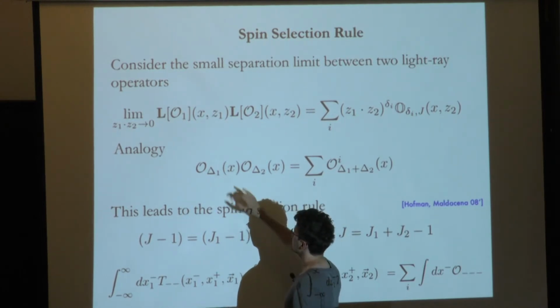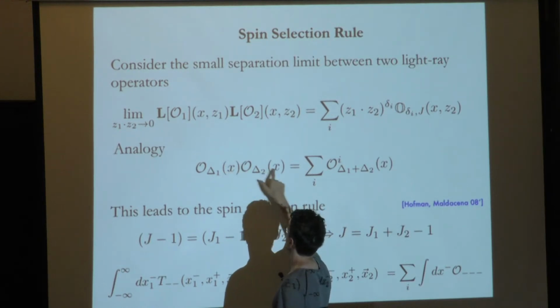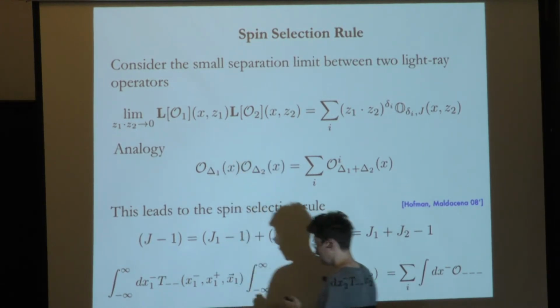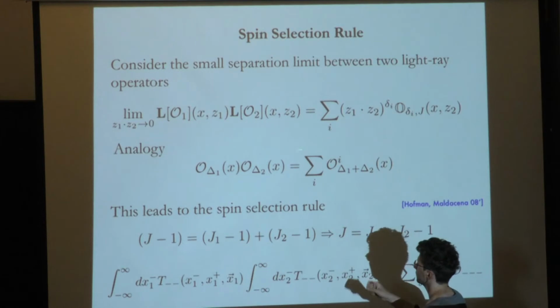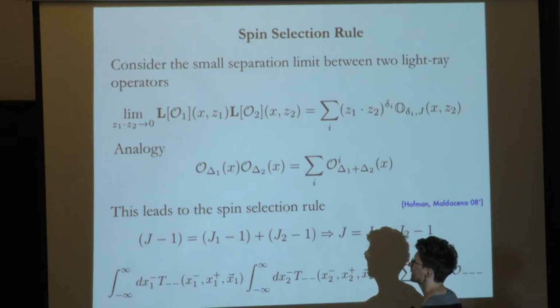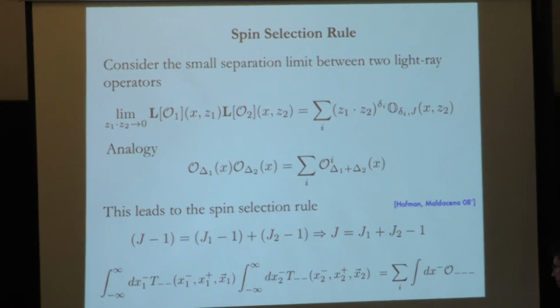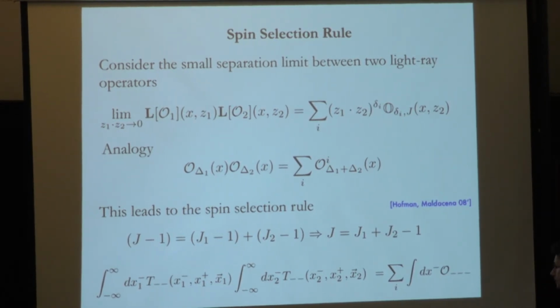But as I try to argue, for ANEC and light-ray operators, you can put them at the same point, and then you cannot write any distance difference, and just by dimensional analysis, the only operators that can appear here have dimension delta 1 plus delta 2. So this leads to the fact that only spin 3 operators appear, because it's a coincident limit and this funny kinematics.